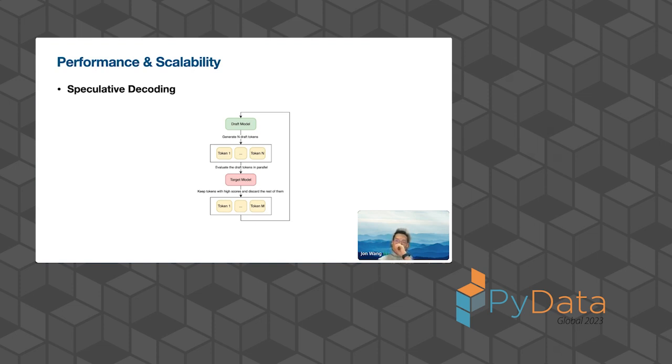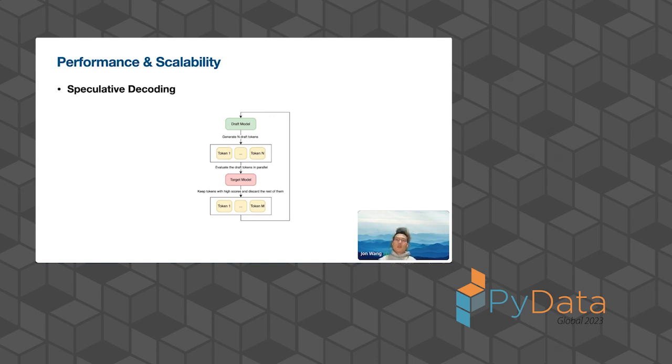The effectiveness of this algorithm depends on two factors: the size difference between the models, the larger the better, and the similarity of the logits produced by both models. Using a 7 billion parameter model as a draft model can speed up inference of a 34 billion parameter target model by about 25%.